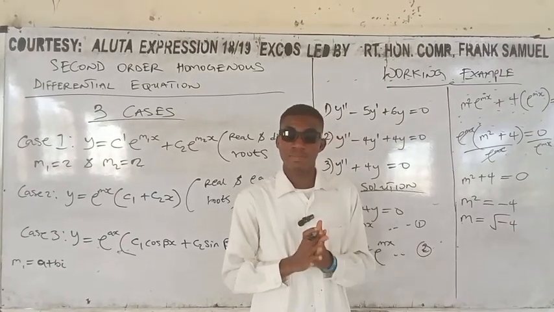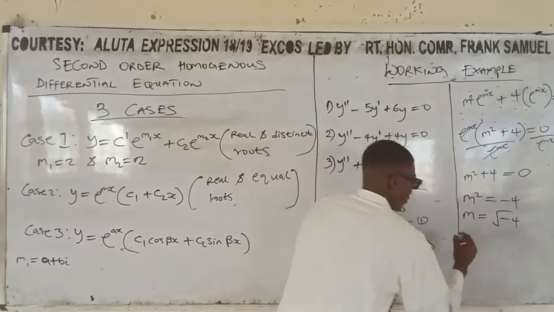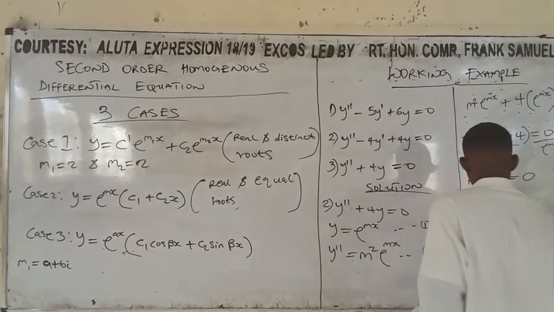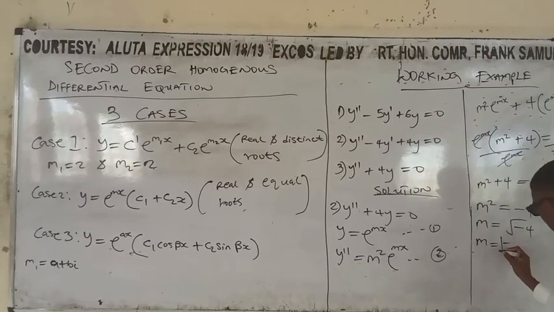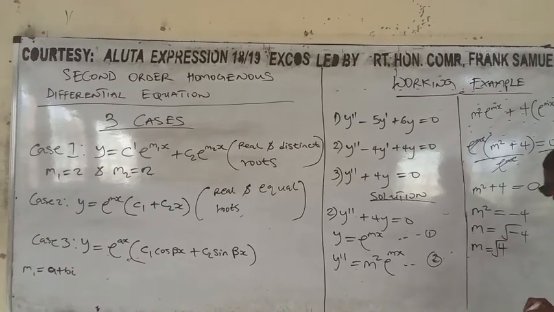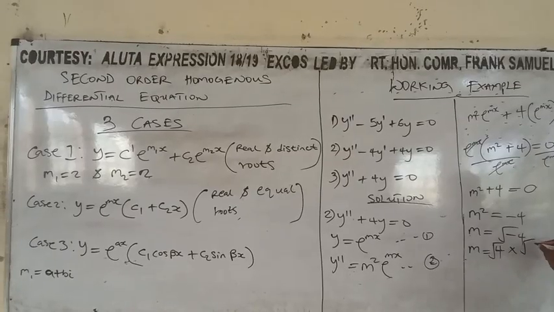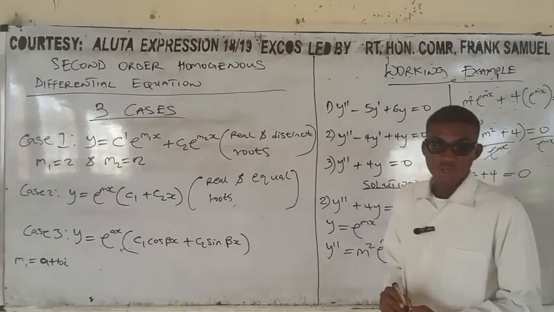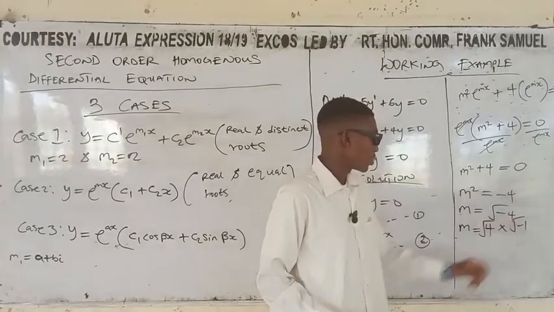If you try to calculate, you get math error. Meaning we have to separate this. Doing that, we have m equals to square root of 4 times square root of minus 1. We just separated this because you can't find the square root of a negative number.